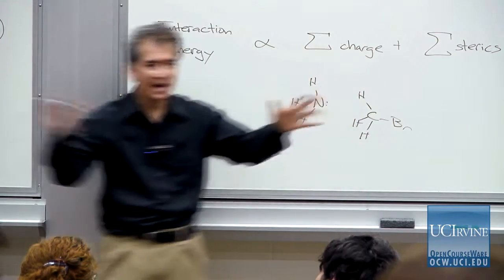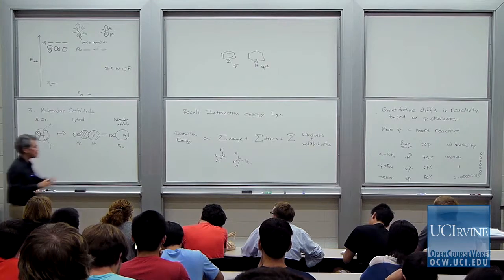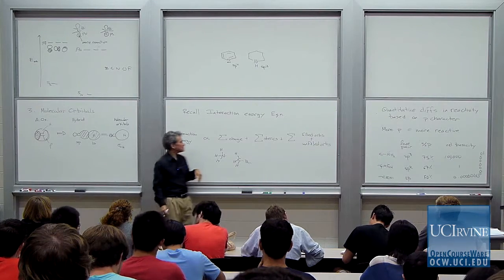And you have to add that up for every single atom in your system if you want to get a full accounting for the overall charge effects as these things come closer together.